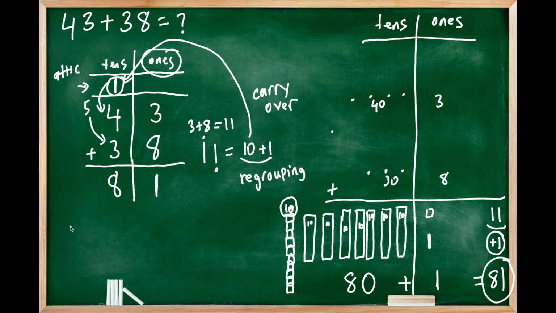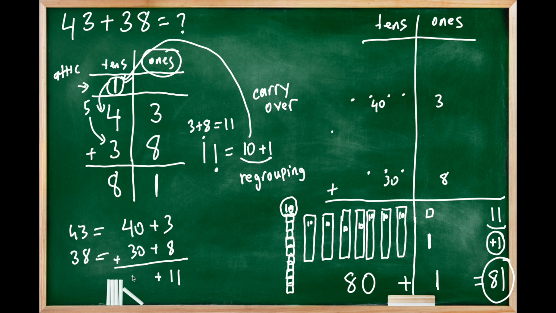So how do we do this in expanded form? If I want to write 43 in expanded form, how can I write it? 40 plus 3. How can I write 38 in expanded form? 30 plus 8. So we add them. When we add, we start adding from the ones place again. That makes 11.